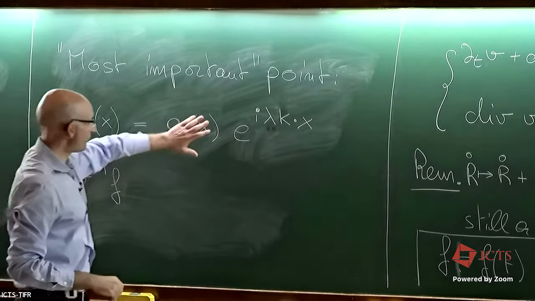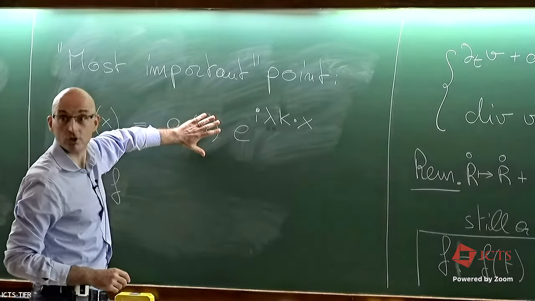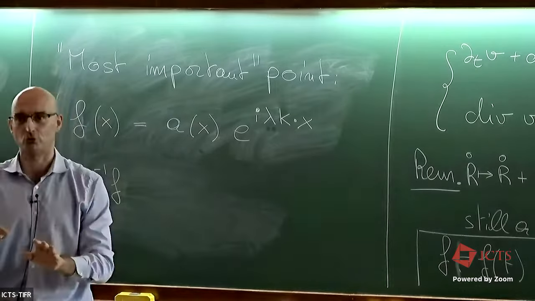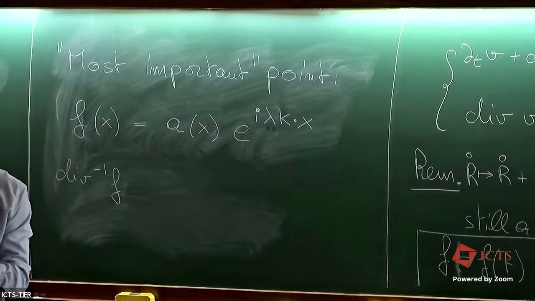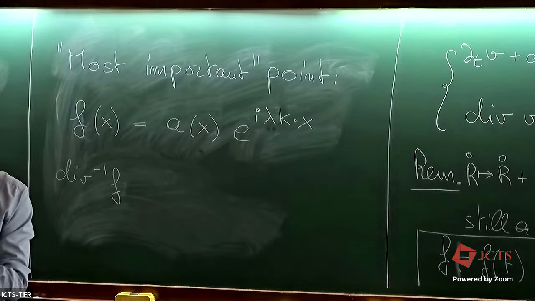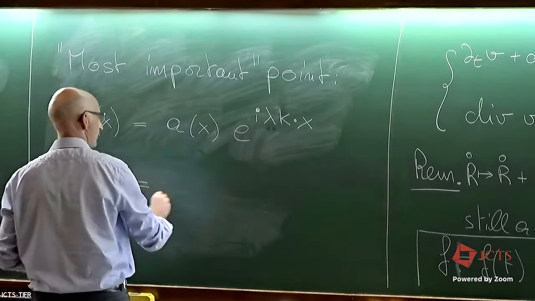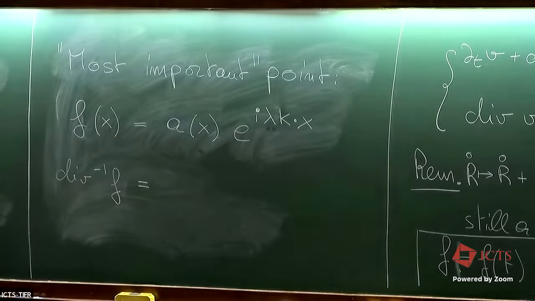If I didn't have this guy, I would have to solve the Laplace equation for that, which has a very explicit solution: 1 over lambda squared modulus of k squared, e to the i lambda k dot x. If a is constant, then I have to take the gradient.